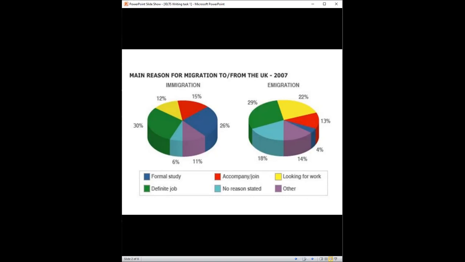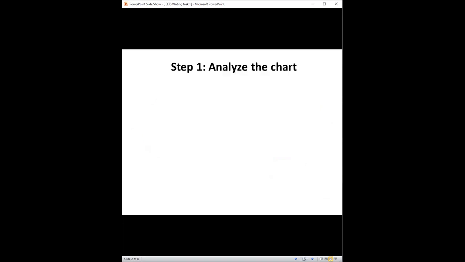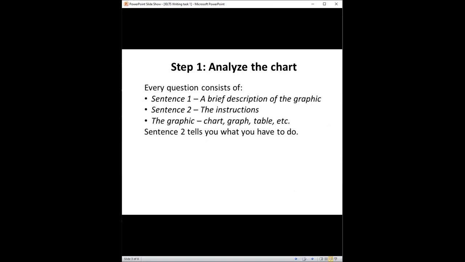Another thing is I could state that to do a writing on pie charts, the first step is to analyze the charts. Analyzing is always the first step and the most important step in writing, especially writing task 1. The format of every academic task 1 question is the same.